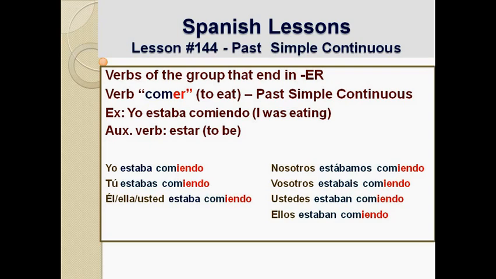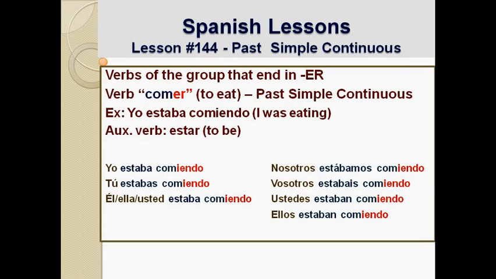Nosotros estábamos comiendo. We were eating. Vosotros estabais comiendo. You were eating. Ustedes estaban comiendo. You were eating. Ellos estaban comiendo. They were eating.